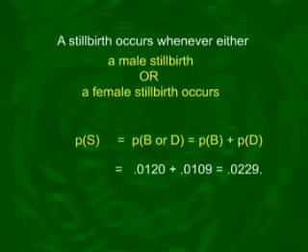In other words, the probability of a stillbirth is equal to the probability of a male stillbirth plus the probability of a female stillbirth, and that is equal to 0.0120 plus 0.0109, and that is 0.0229.